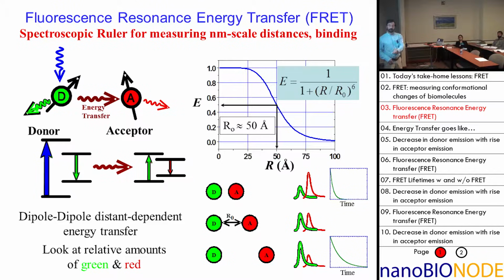At R naught, they'll be about 50-50, and when it's really far, the donor hardly knows about the acceptor. So the donor is doing its normal emission, and the acceptor theoretically is 0.